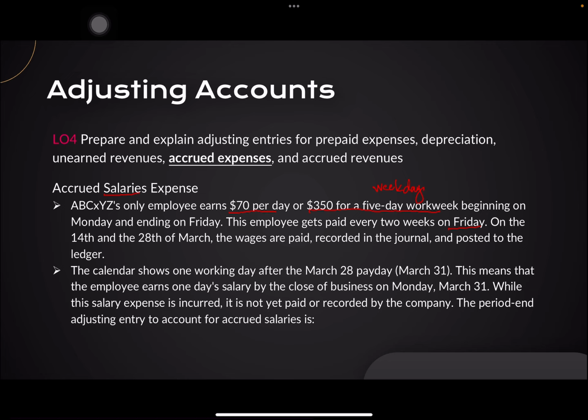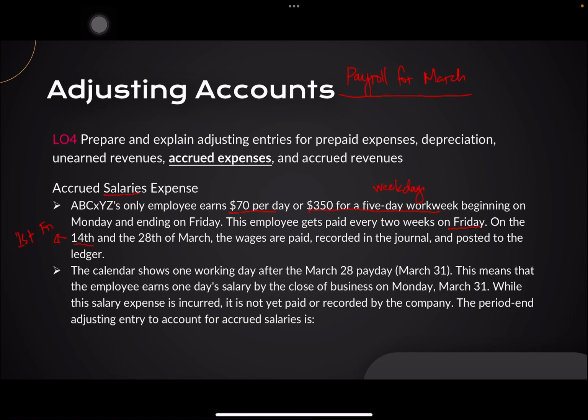Let's say, for example, for the month of March, we're talking about the payroll for March. Say that the second Friday fell on the 14th day of the month.